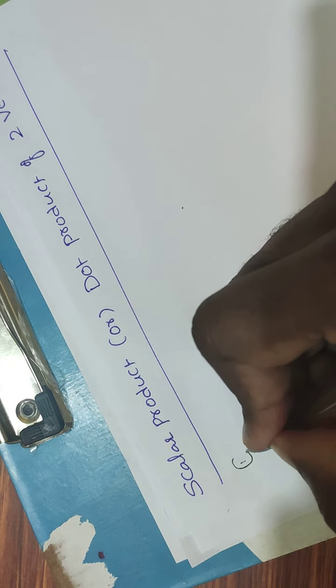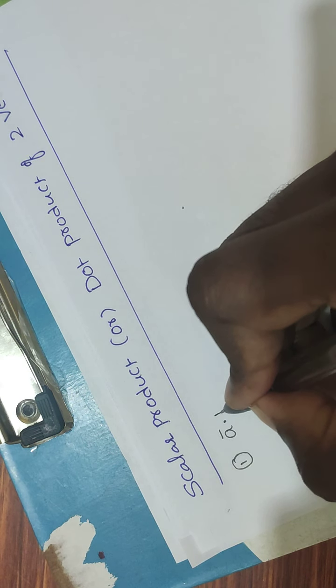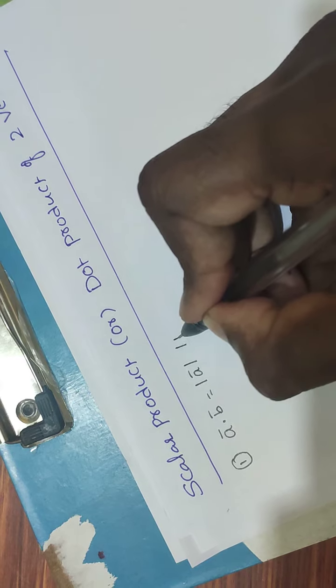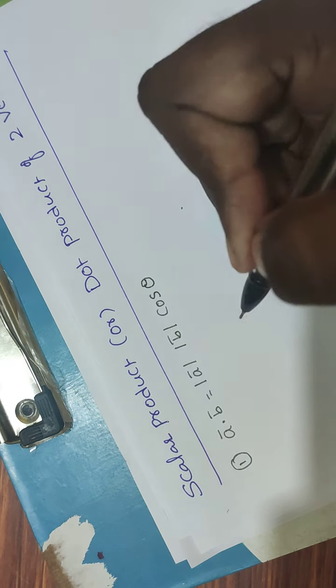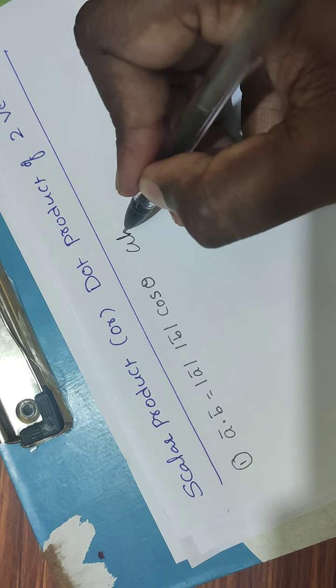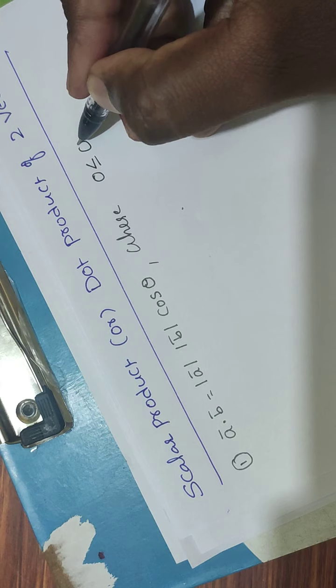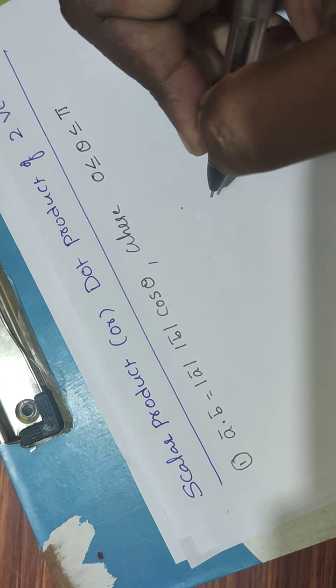If A bar and B bar are the two vectors, then the dot product of A bar and B bar can be written as magnitude of A bar into magnitude of B bar into cos theta, where theta is the angle between these two, and theta lies between 0 and pi. That is the first point.